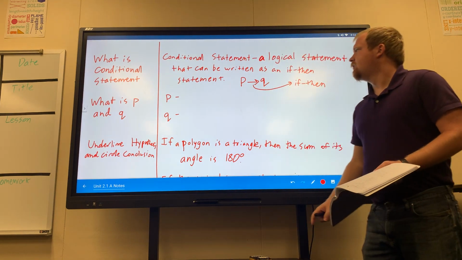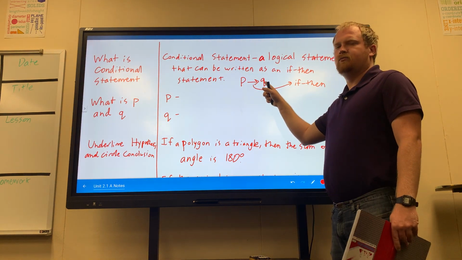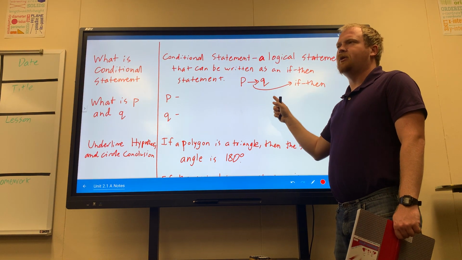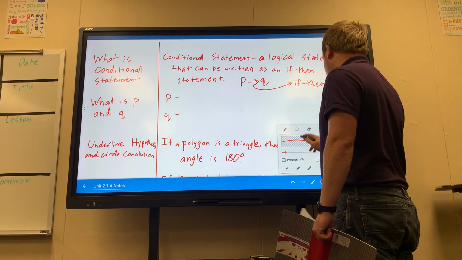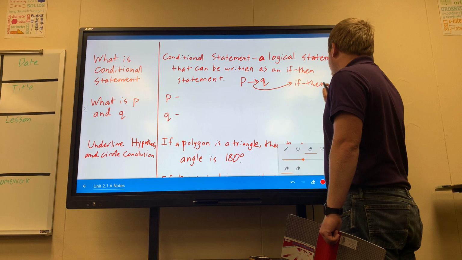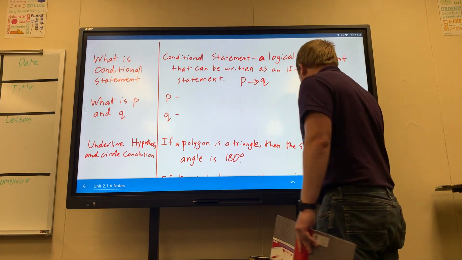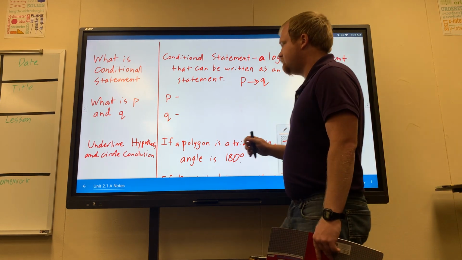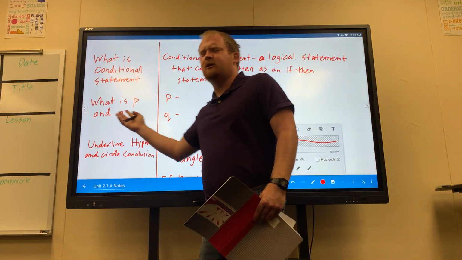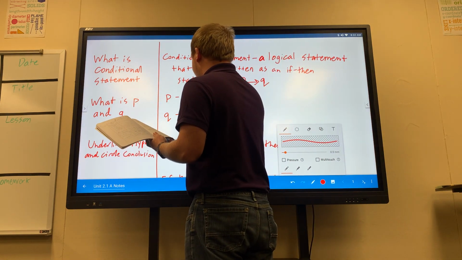Basically, if P, then Q. That's typically what will happen. So, first of all, what is P and what is Q?